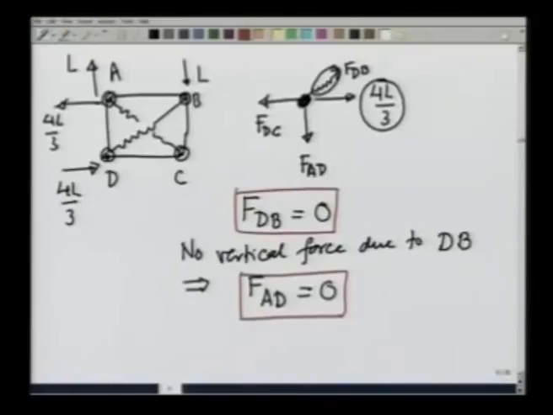Let us now consider the forces in the horizontal direction. Since FDB is 0, summation Fx equals 0 gives me FDC equals 4L by 3, and the positive sign tells me that I have found the correct direction.